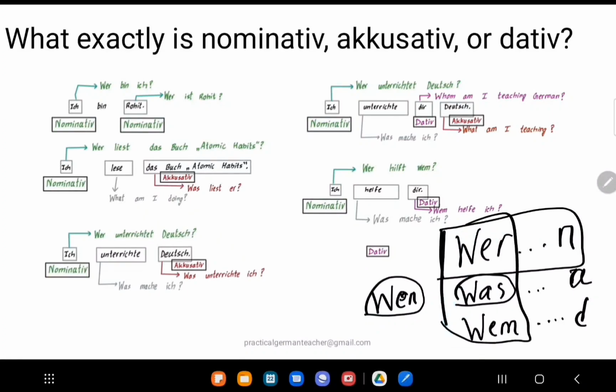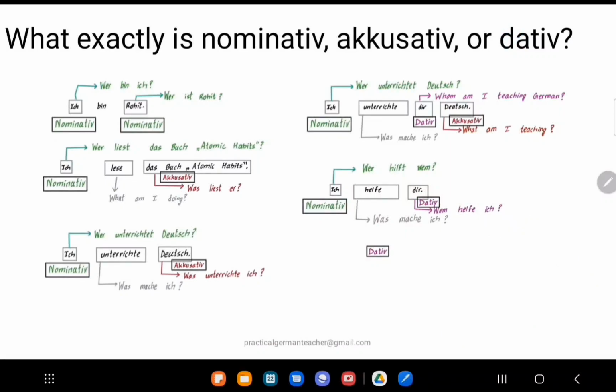If you want to go by the theoretical approach of understanding when something is in dative and when something is in accusative, let's look at this one more time. You have ich bin Rohit. Rohit can be replaced by wer, and ich can be replaced by wer bin ich. So both are nominative. Ich lese das Buch Atomic Habits. Wer liest das Buch Atomic Habits? Nominative, because wer.